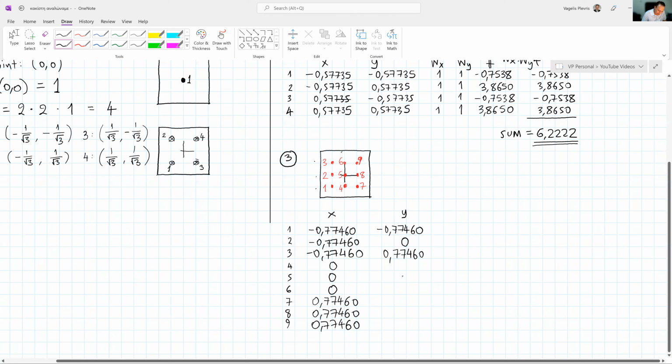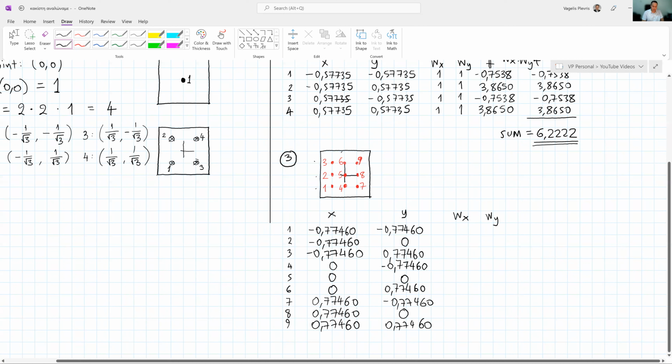So again, I have minus 0 plus, minus 0 plus, and I can write the numbers as you see here. And then again, minus.